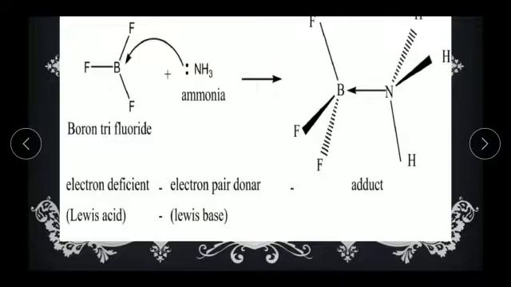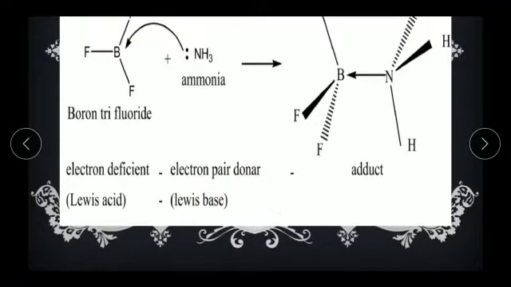So a Lewis acid may be a positive ion or an electron deficient molecule. Otherwise, a Lewis base is an anion or a neutral molecule with at least one lone pair of electrons.